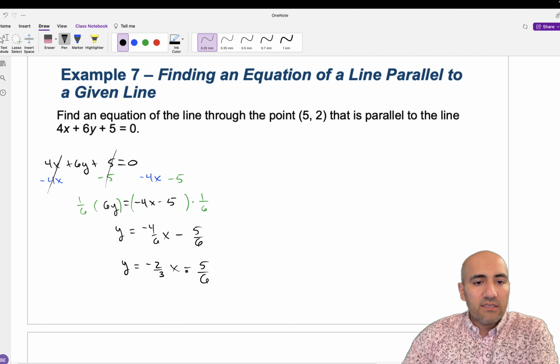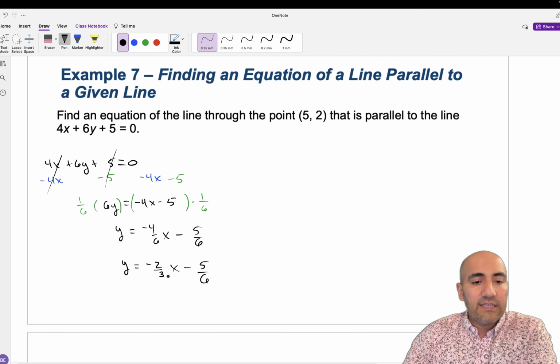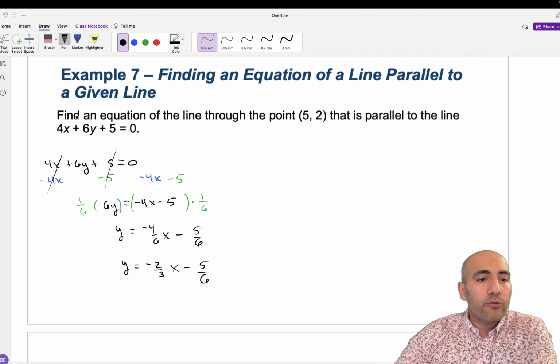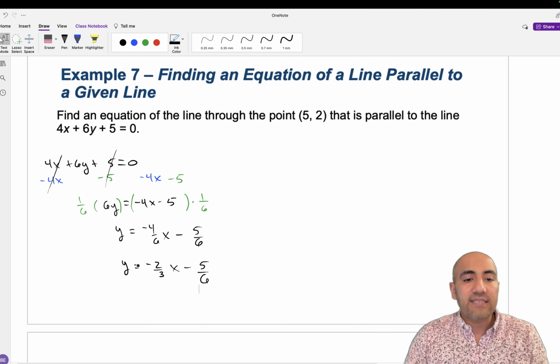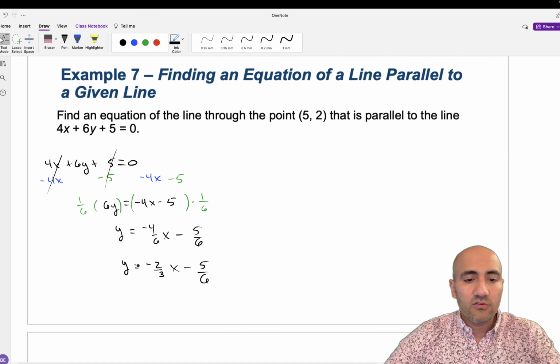This is another equation of a line which is equivalent to this one. These two have the same graph. They have the same ordered pairs. Every ordered pair that makes this one a true statement also makes this one a true statement. So if we graph this equation, we should get the exact same line. Let's go back to Desmos.